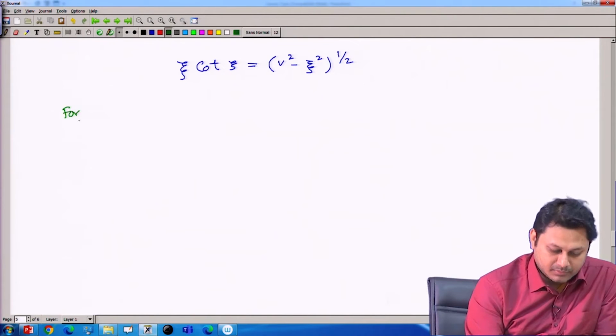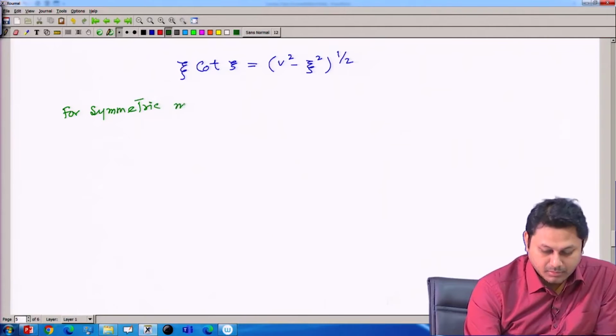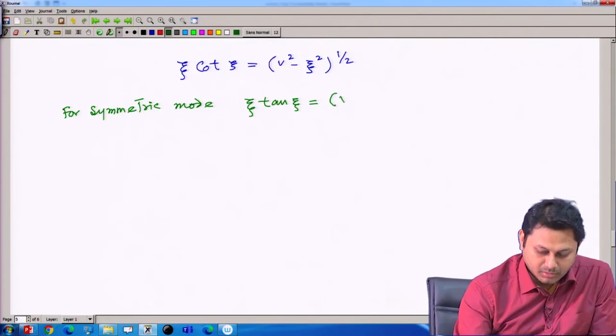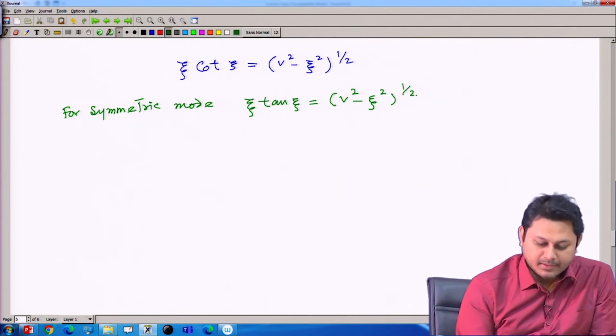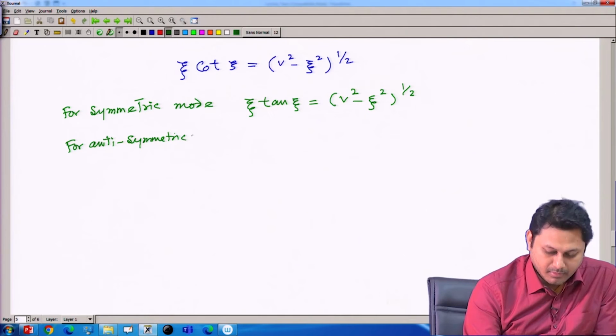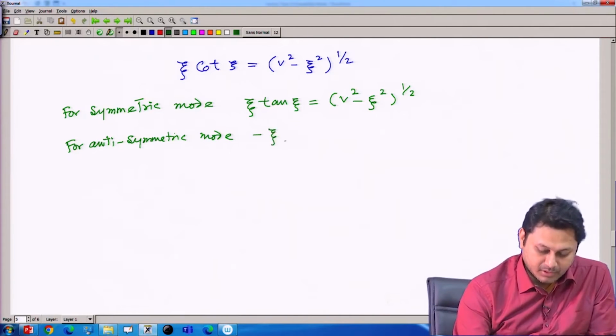So, for symmetric mode, we have the transcendental equation xi tan xi is equal to (v square minus xi square) whole to the power half, and for antisymmetric mode, now we have minus of xi cot xi.